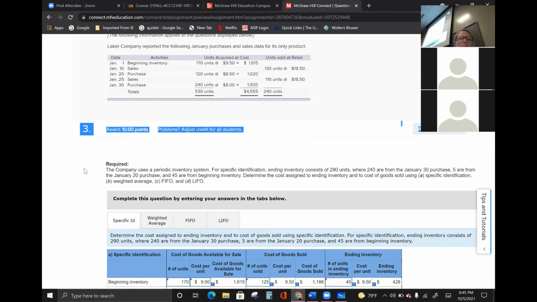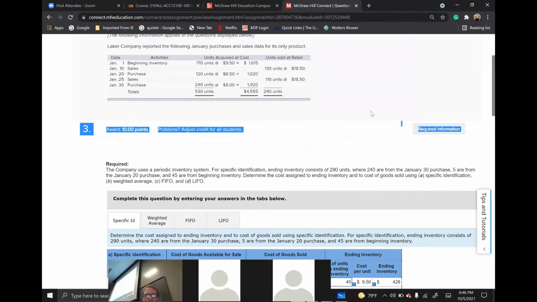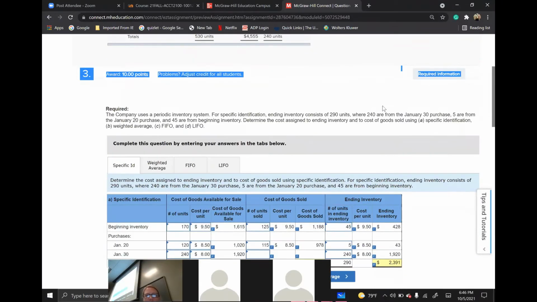Okay, so the company uses periodic inventory. So what's periodic inventory? We just talked about that. At the end of the period of time. All right, so we have the company uses the periodic inventory method. We're going to do specific identification.